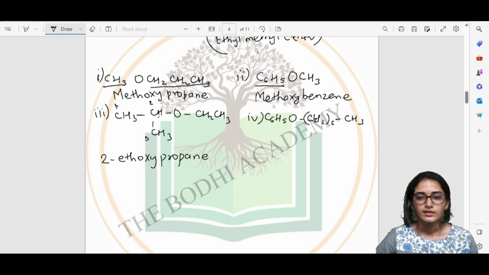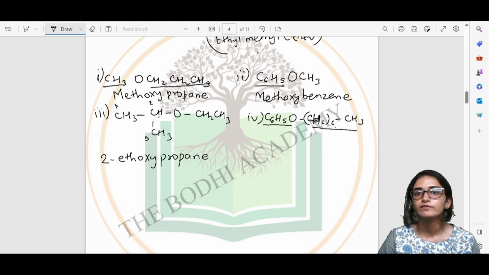Okay. The next example is also a little complex. So here we have C6H5 and on this side we have CH2 6 times and CH3. So where will be the more carbons? In the first case we have 6 carbons and in this case we have 6 plus 7 carbons. So obviously this side will have more carbons. So the name will start like this. Now this is benzene, C6H5. What we call benzene in common, that is the phenyl ring.